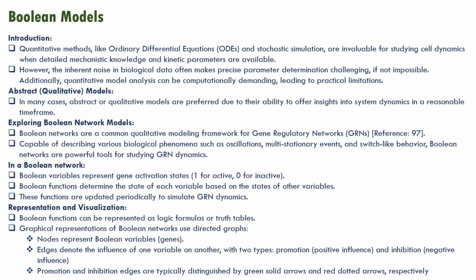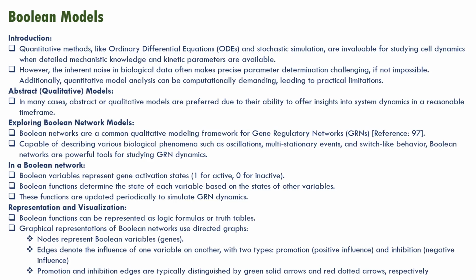Boolean functions can be represented as logic formulas or truth tables. We'll see examples of this. The graphical representation of Boolean networks is directed graphs, because you need to know whether the relationship is inhibiting or activating. The nodes represent the Boolean variables, which are the genes in the case of gene regulatory networks. The edges denote the influence of one variable on another, of two types.